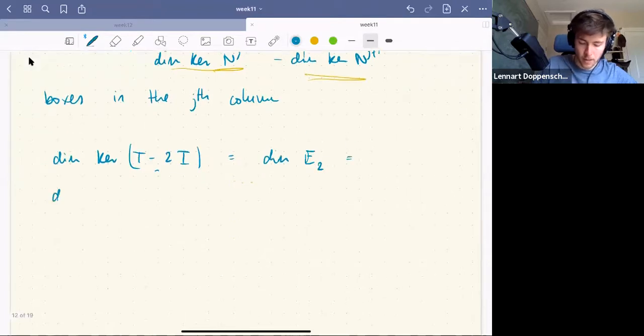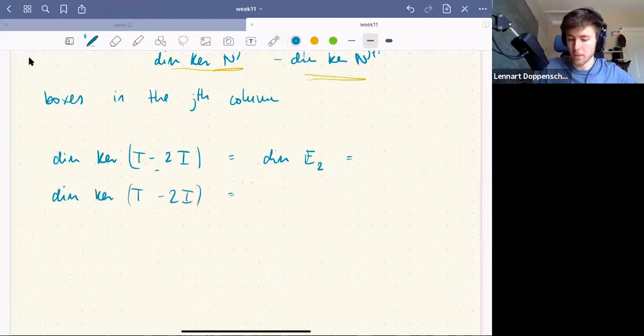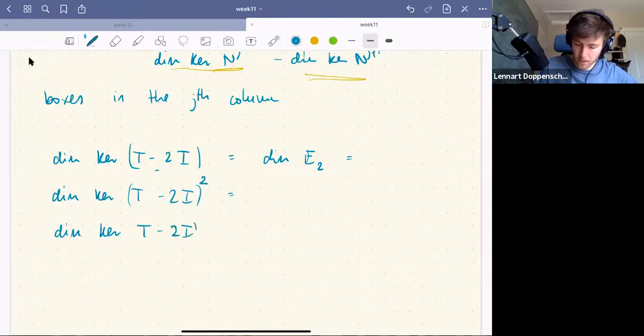And then when we go higher, this is really when it gets interesting. This is when we have to do more work. So let me leave this open for now and continue writing the third kernel, T minus 2i to the 3.